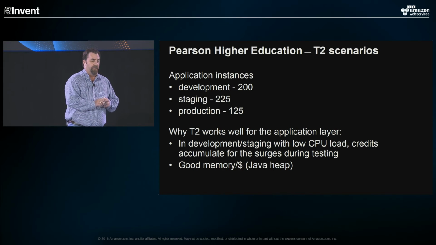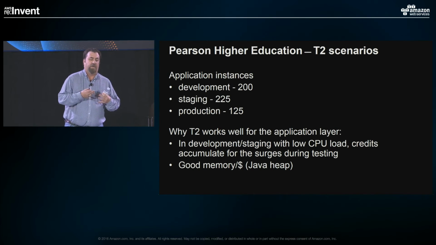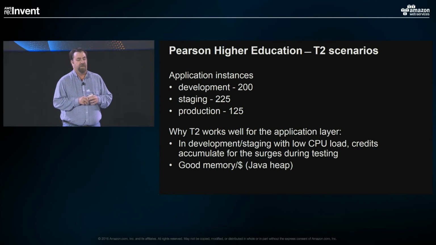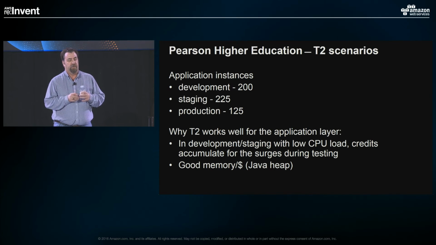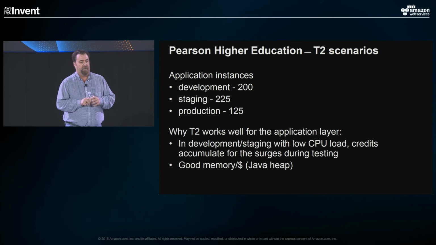Our other scenario here is application instances. We have a lot of front-end application servers, whether they be an application server or just a plain web server. Again, the numbers show the same kind of trend: a lot of development, a lot of staging, because of the testing, development, and performance testing.